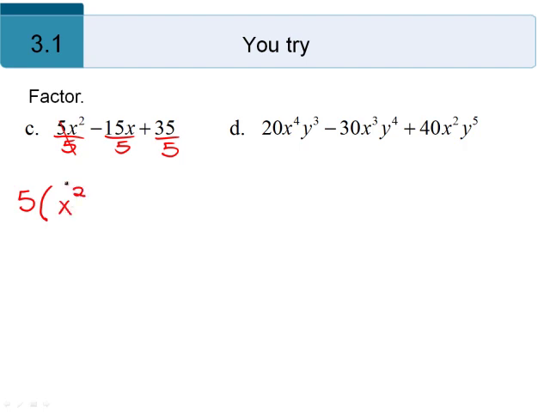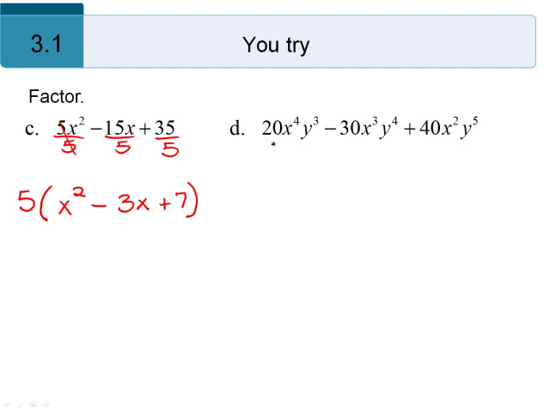Then you have minus 15 divided by 5 is 3, bring down the x, and then plus 35 divided by 5 is 7, and that's your answer. Now, you can check it by distributing the 5 back through the parentheses. If it doesn't give you exactly what you started with, then you're wrong, so you've got to go back and check it.